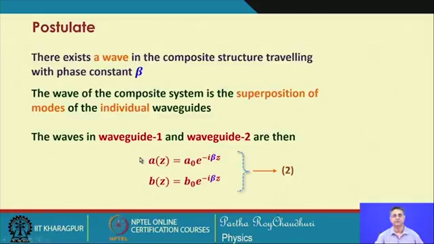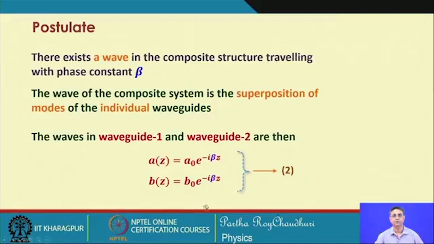So, the z dependent amplitude of the first waveguide should be represented by this, where the amplitude is A0, and for the second waveguide the z dependent amplitude will have a similar distribution, that is B0 e to the power of. So, this beta is the wave which is travelling along the total structure with a phase constant beta. So, this is the same beta.